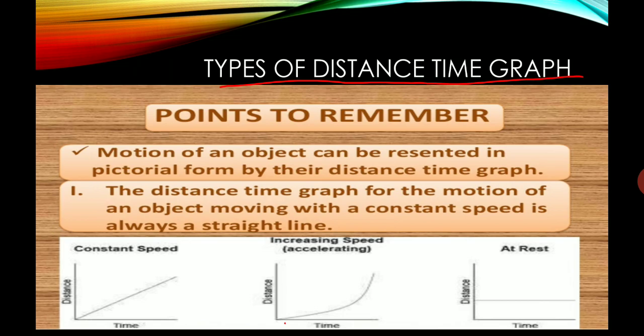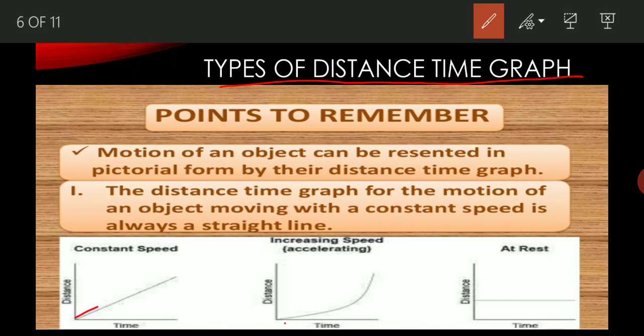When we get a line which is straight, it always indicates that the vehicle is moving with constant speed. Again I'm repeating, if we get a straight line on the distance time graph, it represents that the vehicle is moving with constant speed or uniform speed.